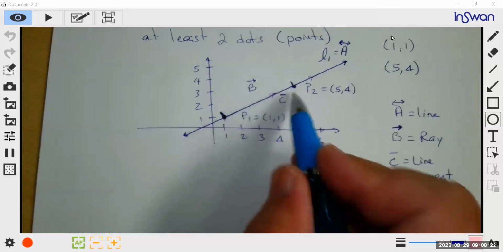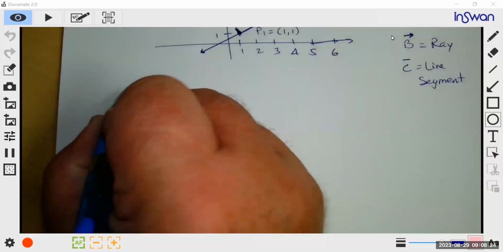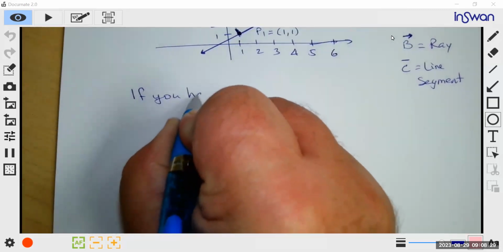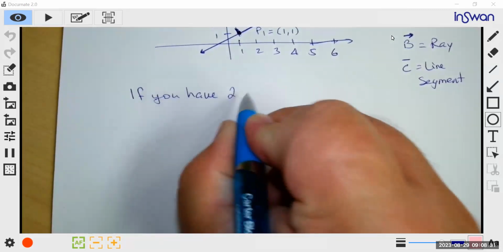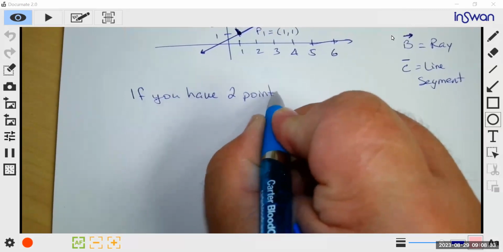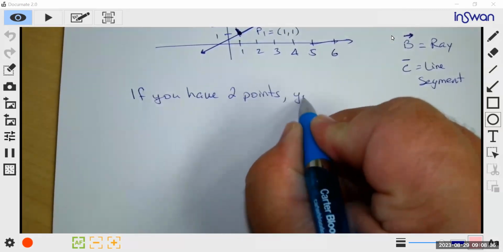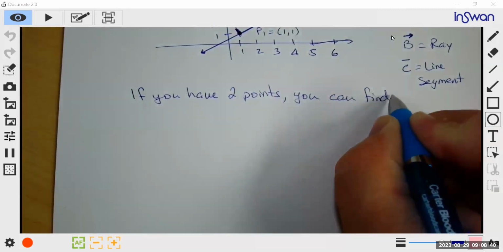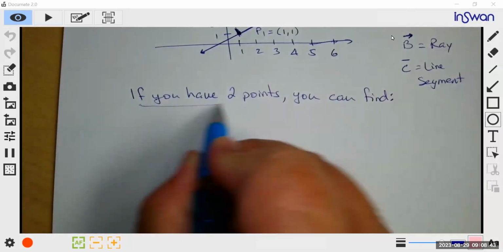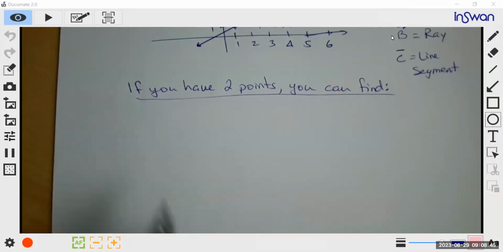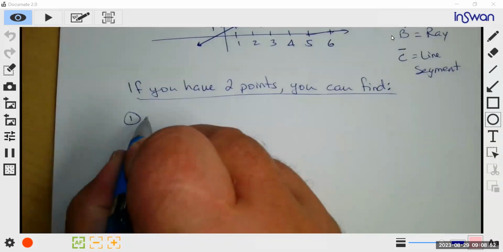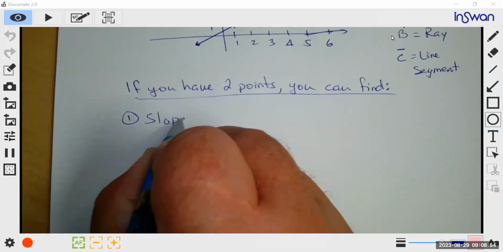So we had two dots. If you have 2 points, you can find the following. So if I had 2 points, what can I find? Slope. We can find the slope between those 2 points.